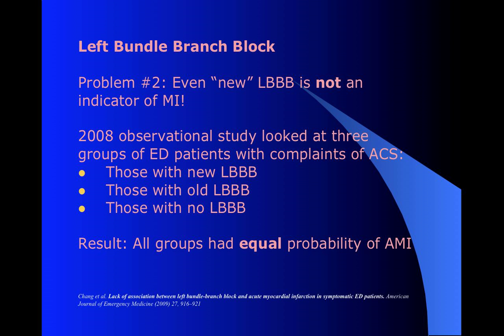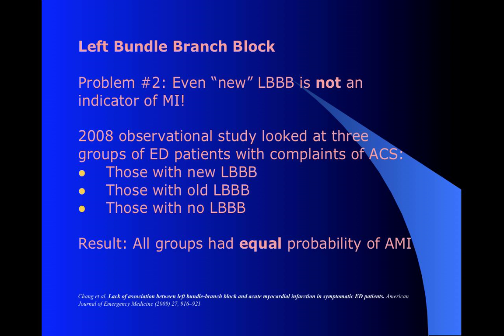They looked at all of their patients who actually did have ACS type complaints, so chest pain or what have you, and they grouped them into people who had new left bundle branch blocks, those who had old left bundle branch blocks, and those who had no left bundle branch blocks. And they all had the same probability of actually having a heart attack.